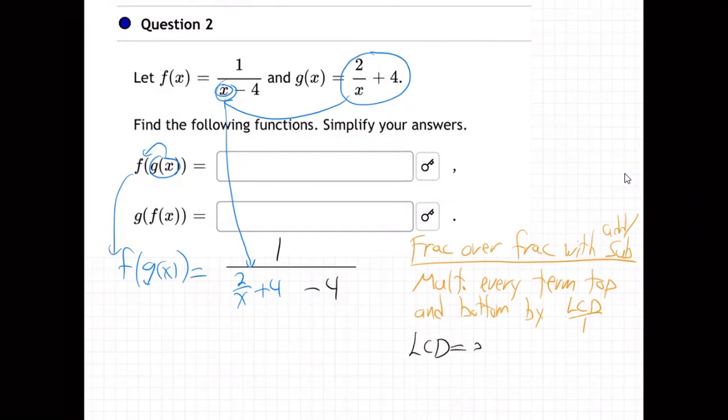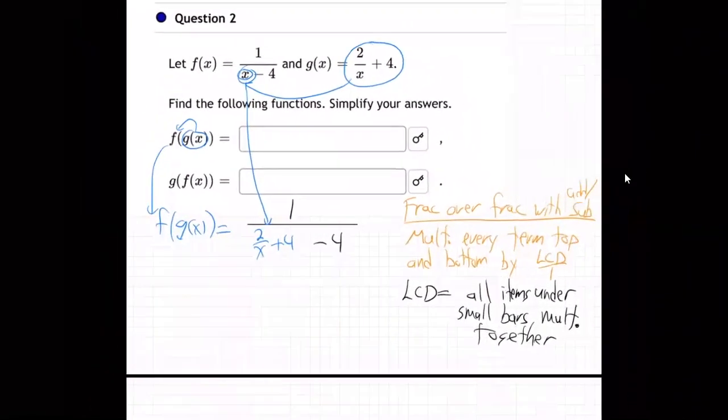LCD equals every item, or all items, let's say, all items under small bars multiplied together.